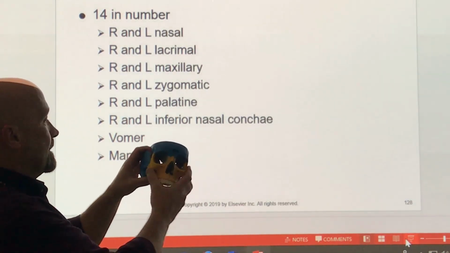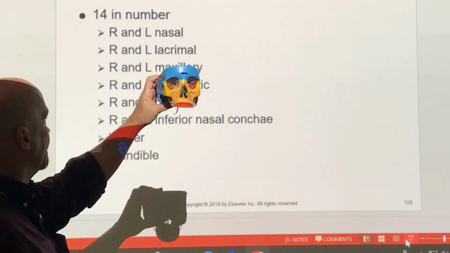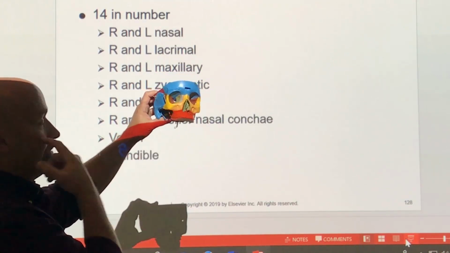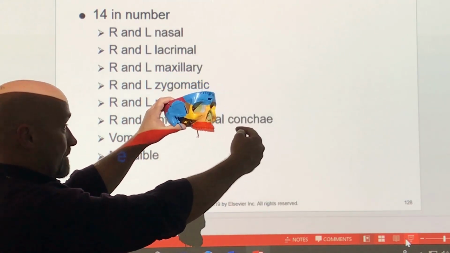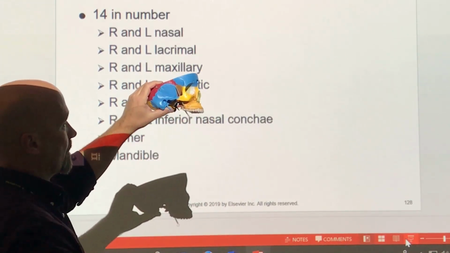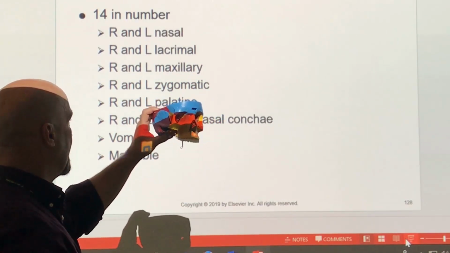Then you got the maxilla, which is the largest bone in the facial bones. That's these bones here. You got the zygoma. The zygoma are your cheekbones here. So you got the zygoma. The zygomatic process reaches back and grabs onto the zygomatic arch from the temporal bone to create your zygomatic arch and the rest of your cheek.